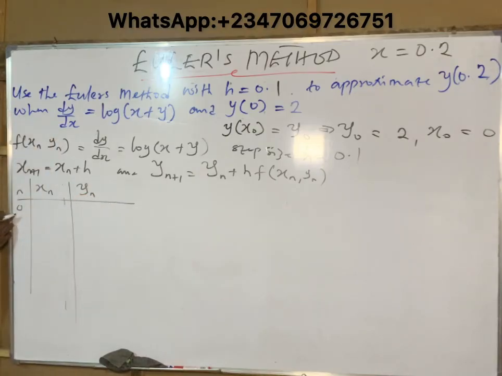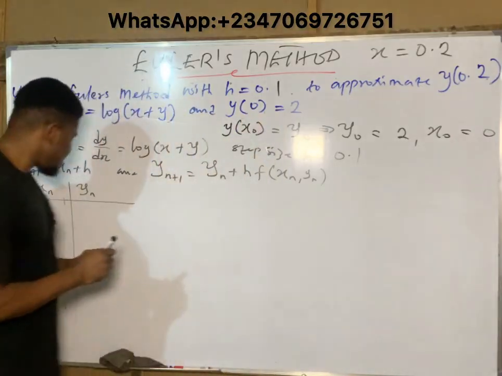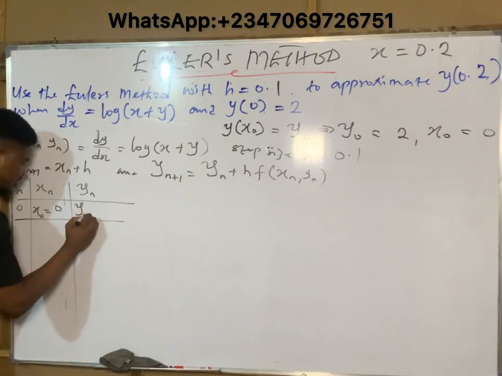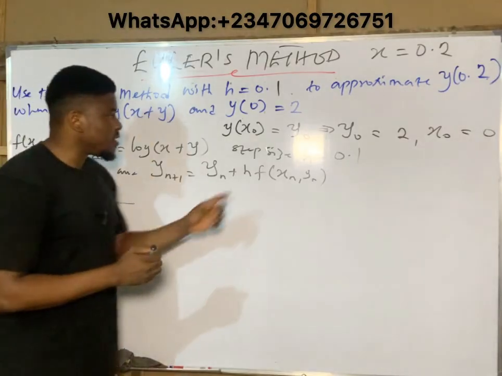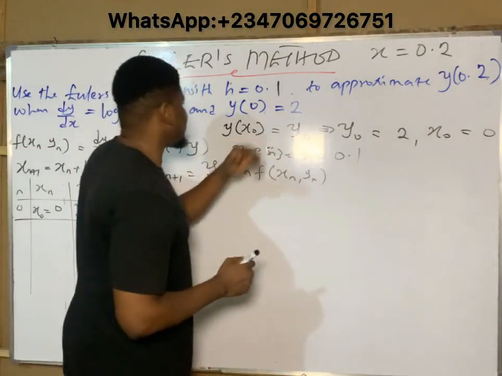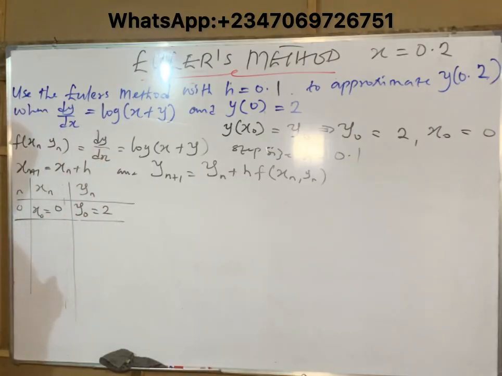When n is 0, our xn becomes x0. What's x0? x0 was given in the question simply as 0. Our y0 also has a value from the question. y0 is simply 2.